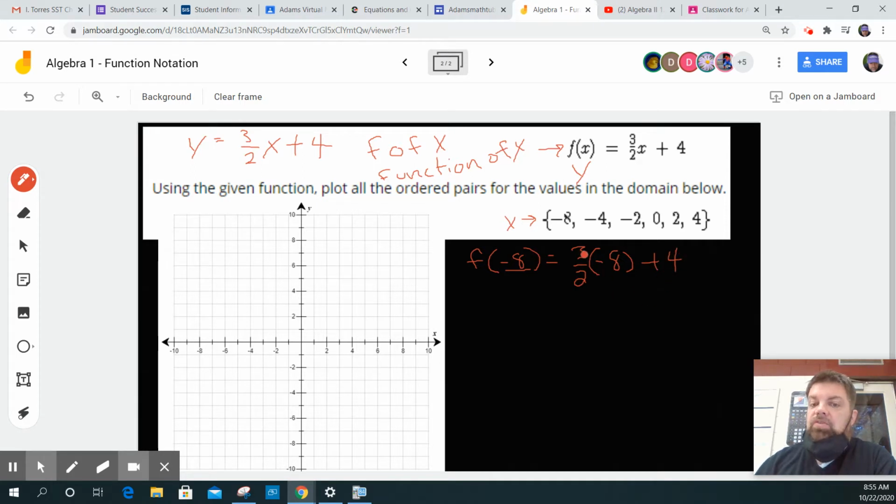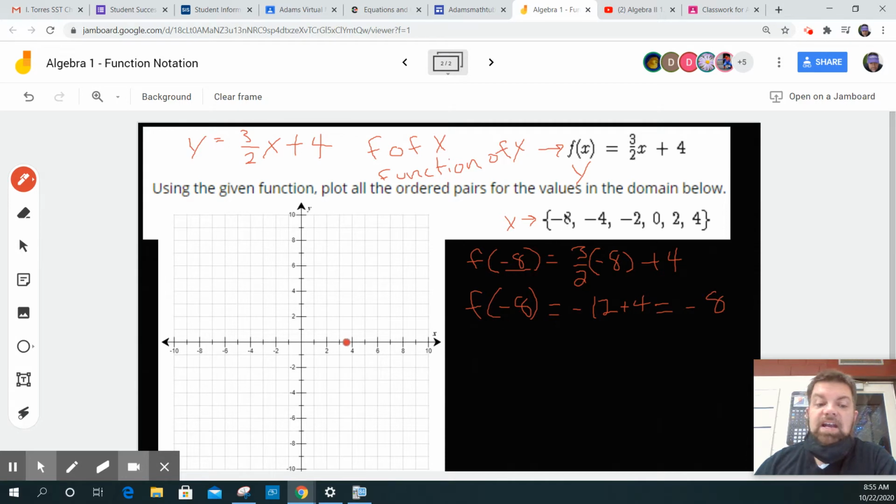Now, 3 times -8 is -24. -24 divided by 2 is -12, plus 4. So when x equals -8, my f of x equals -12 plus 4, which is -8.